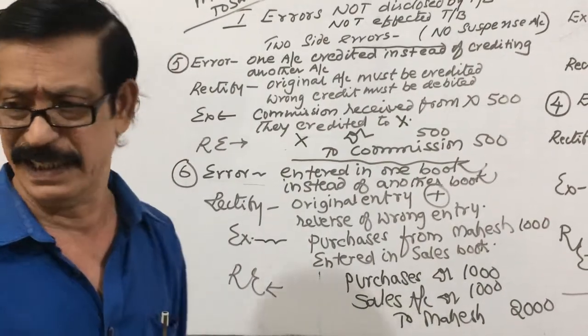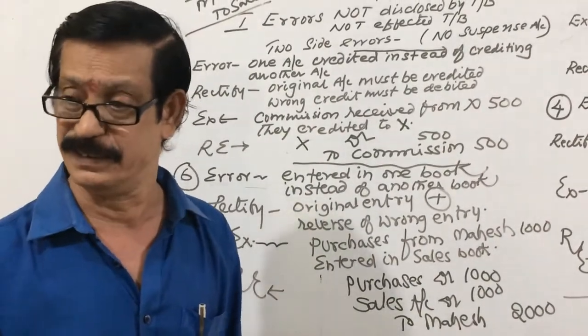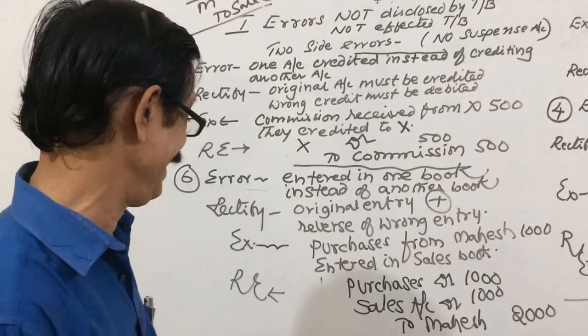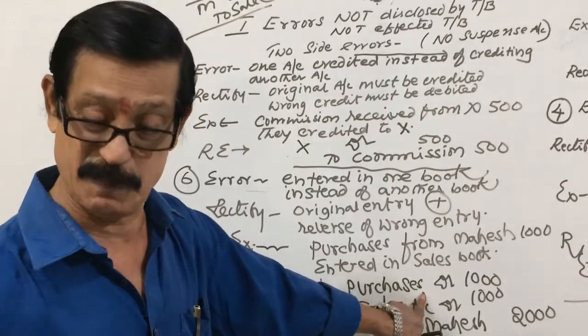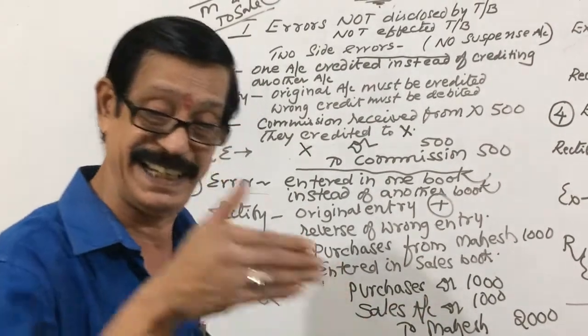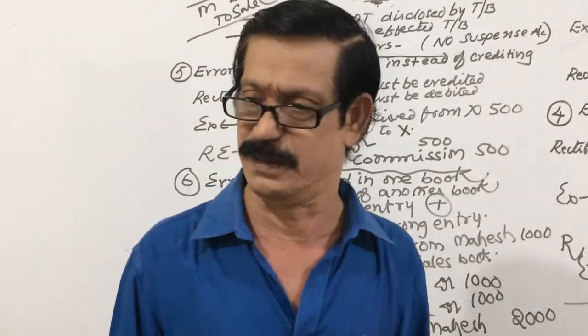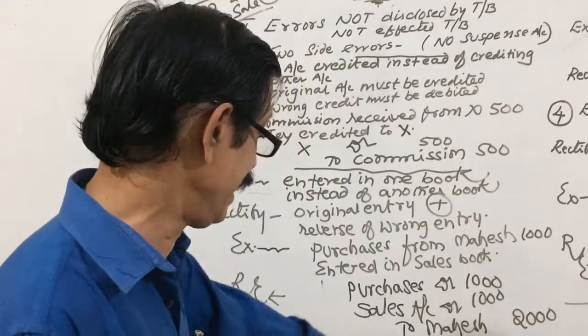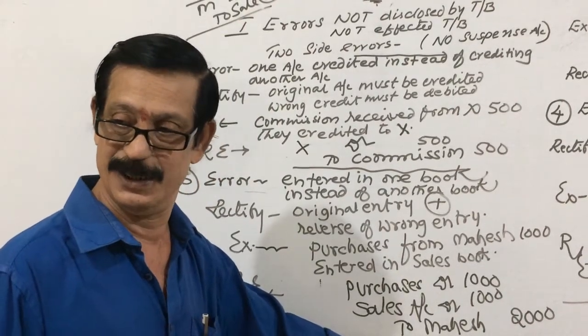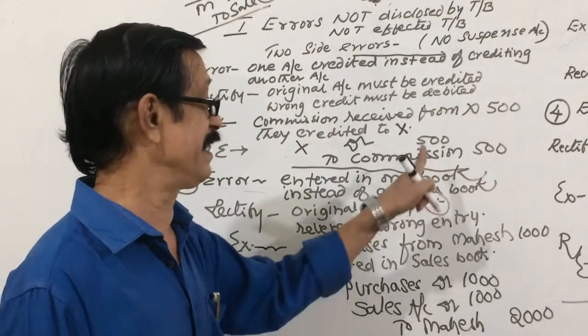In the subsidiary books, just the name is entered. But instead of entering in purchases, they wrongly entered in sales. Purchases must be debited. They wrongly entered in sales, that must be debited again. Sales account debit, purchases account debit to Mr. Mahesh. Understand? Okay?